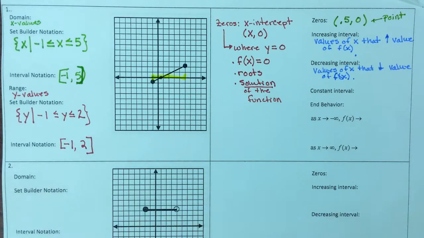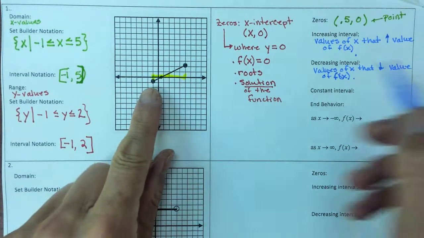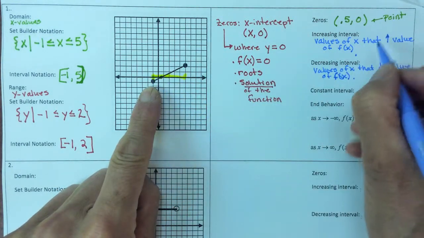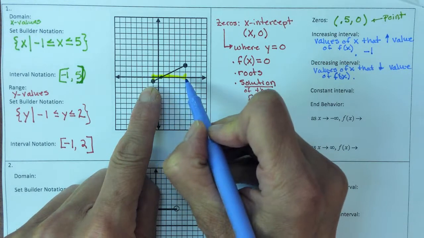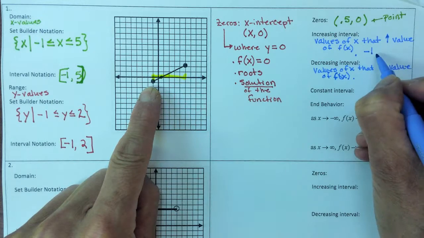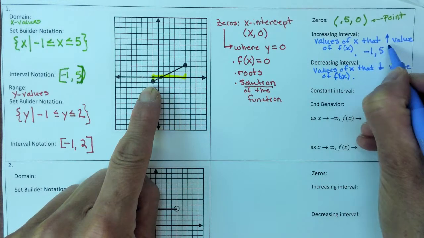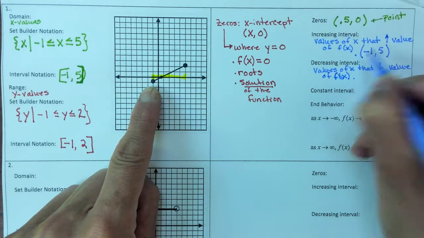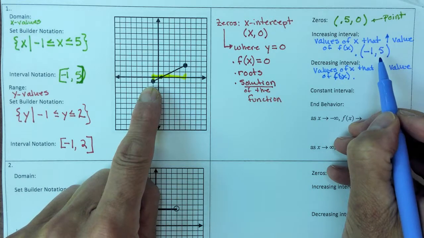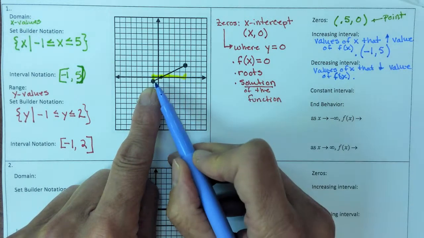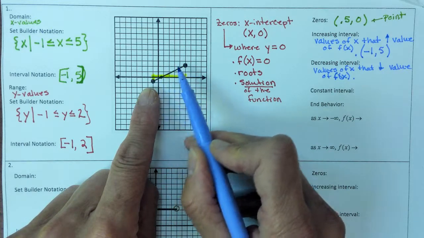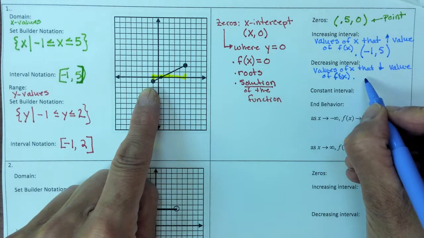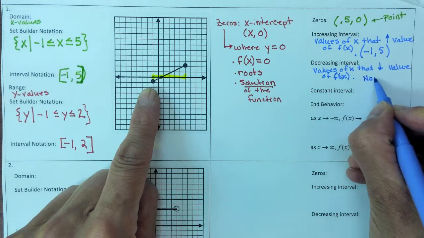So my function is increasing where x is what? Where x is -1, all the way to where x is 5. And this here is an interval, not a point. Do I have any place where it's decreasing? No. This is a positive slope. It's increasing everywhere. So this one here is none.